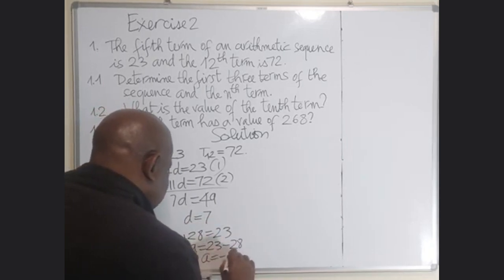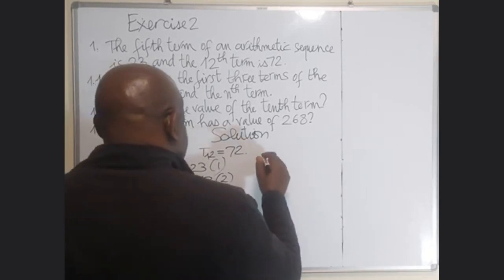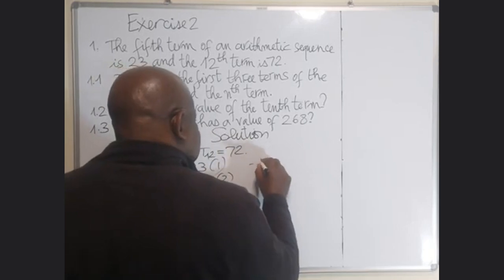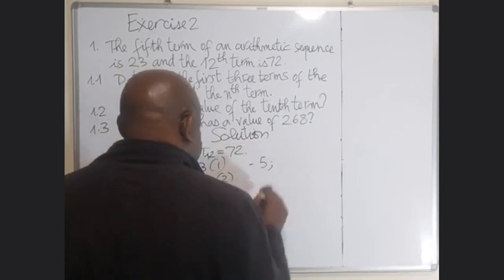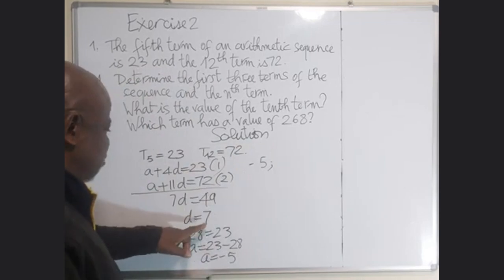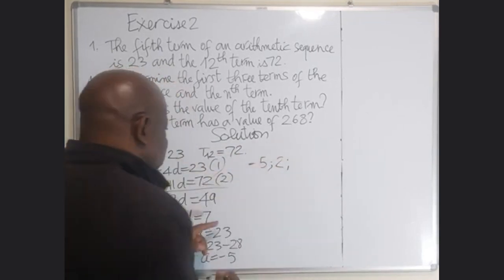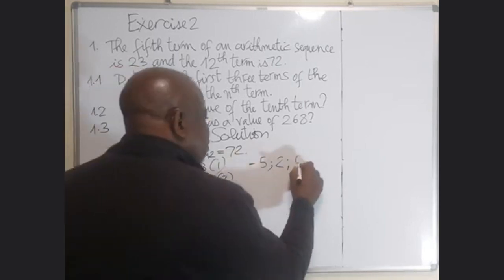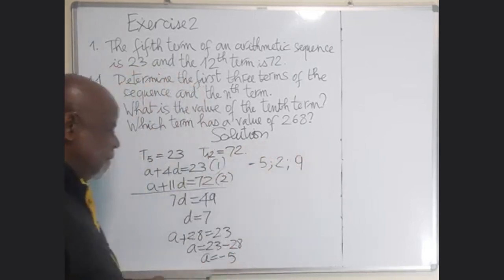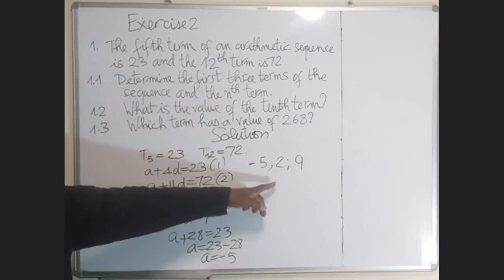The value of A will be negative 5. So the first term is negative 5. The second will be negative 5 plus 7, then we're getting 2. And the third term is 2 plus 7, we're going to get 9. These are the first 3 terms of our sequence.